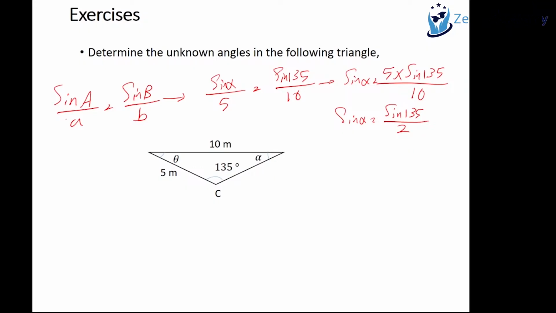If you calculate sine 135 over 2, you still haven't got the alpha, right? You had this sine alpha. So to find the value of the alpha itself, you have to sine inverse it, or arc sine it. And you have this in your calculator as well, would be sine inverse of sine 135 over 2.